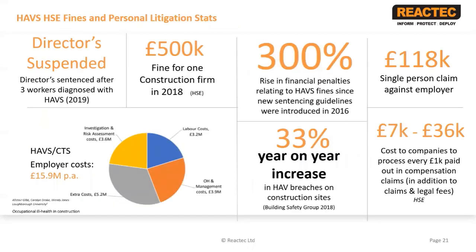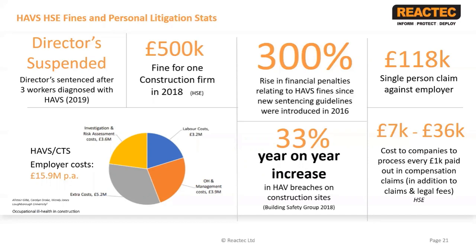So to finish this particular seminar, we'll share with you some statistics from the industry in terms of the legal costs of hand-arm vibration syndrome. It should be borne in mind that there are two particular areas in which an organisation may face costs as a consequence of employees developing hand-arm vibration syndrome.